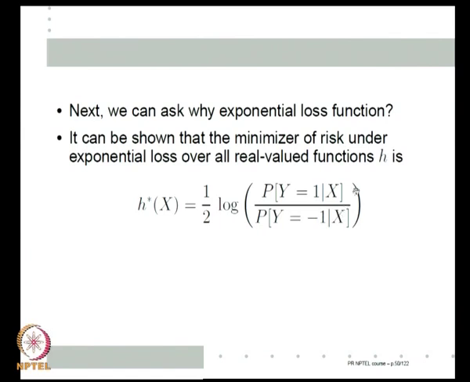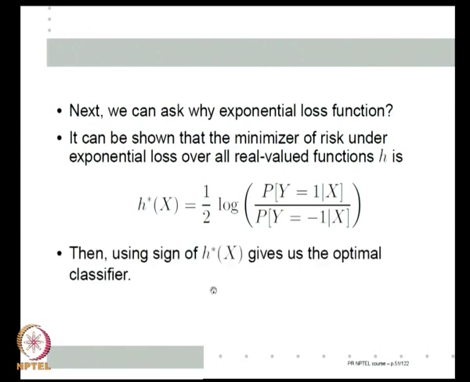Here, P(y = 1 | x) is the posterior probability of class 1, and P(y = -1 | x) is the posterior probability of class minus 1. So in a 2 class case, this is the odds for class 1. If the posterior probability of class 1 is greater than that of class minus 1, then this factor will be greater than 1 and the log will be positive. On the other hand, if the posterior probability of class 1 is less than that of class minus 1, then the factor will be less than 1 and the log will be negative.